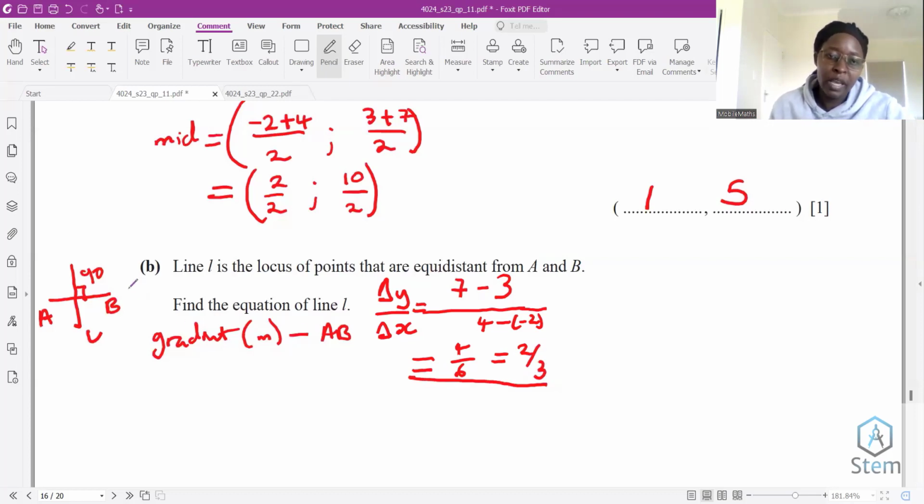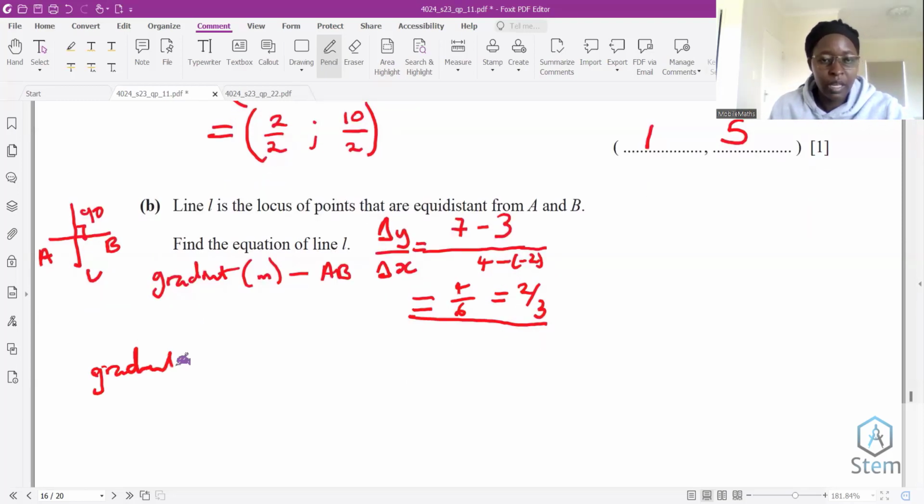Then the gradient for L now, it's at 90 degrees. Gradient of L: this gradient, 2 over 3, times M is equal to minus 1. So we get the inverse, which is negative now.